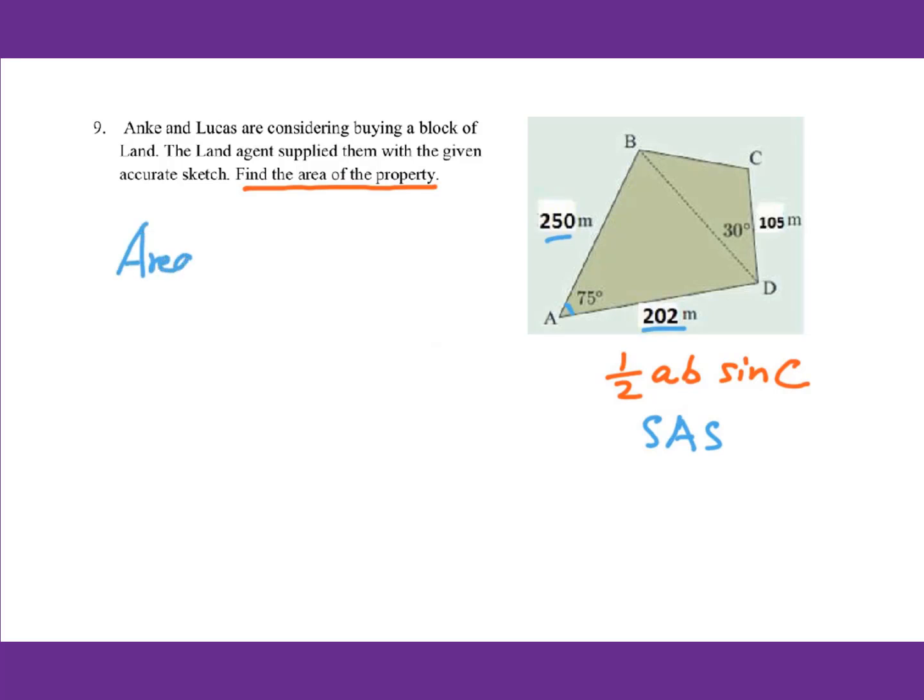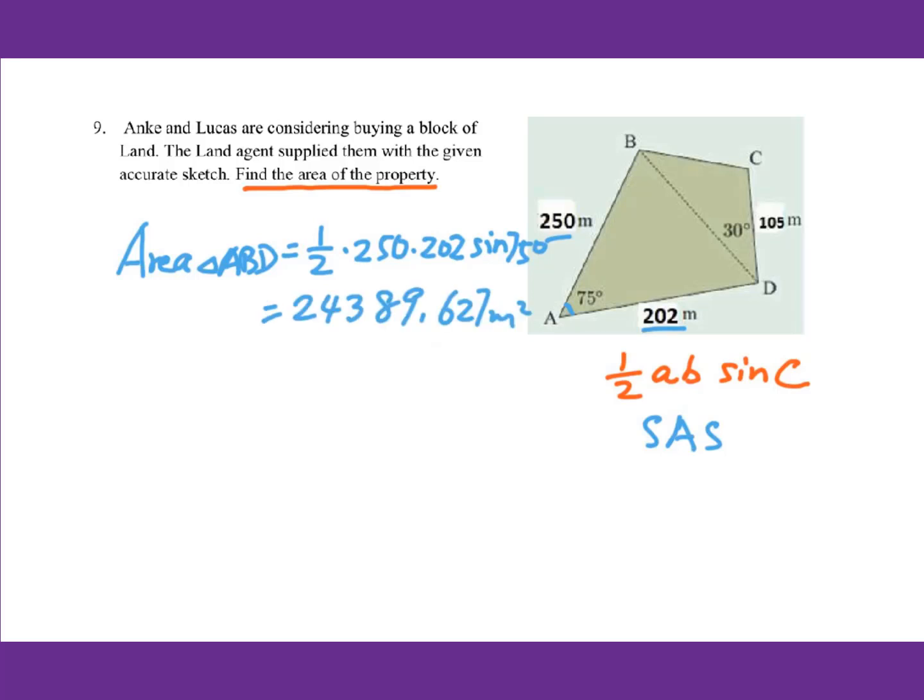So for the area of triangle ABD, you can get 1/2 times 250 times 202, then sine 75 degrees. You will get this number, which will be the area of triangle ABD.